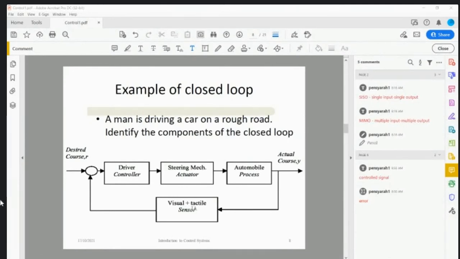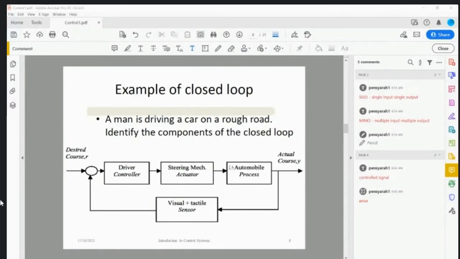In this case, the sensor is the driver himself, which is the eyes and also the tactile sense of the driver. The driver will be able to react based on his eyes by looking at the road. The driver will be able to steer to the left, to the right, or just keep forward.